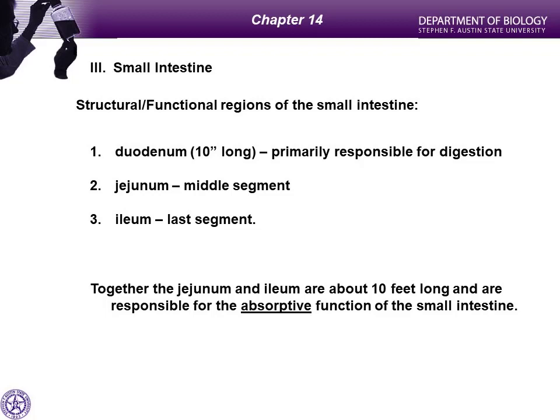It starts with a C. You may have heard about it. Colon. So this valve is called the ileocolic valve. That's its big fancy name. It's going to regulate the passage of material from the small intestine to the large intestine. I told you we were going to have quite a few of these sphincters / valves, and that's simply another one.